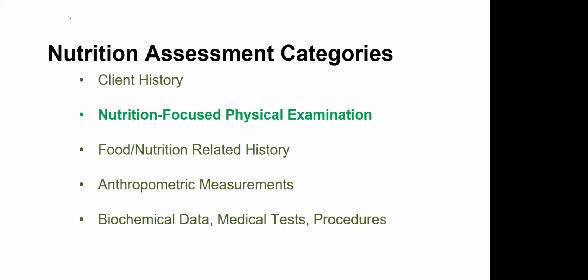So as you can see, I believe the client history should always be the first thing we do in our nutrition assessment, because the client history helps us set a context to the other forms of assessment and can aid in determining the appropriate equipment that we need to use.